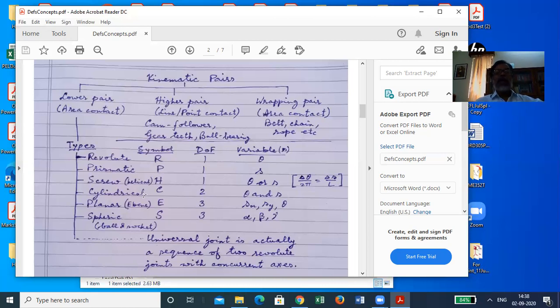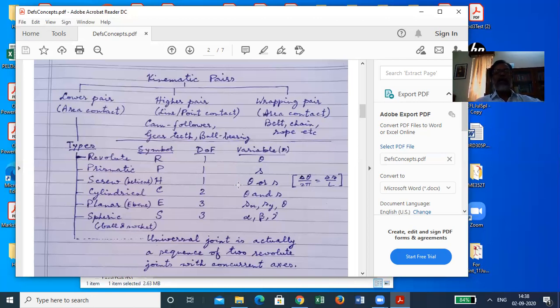Now you can have a screw pair, okay, or helical pair, and for that the symbol used is H. Okay, so the relative motion is on a helix. Okay, true, as you know.